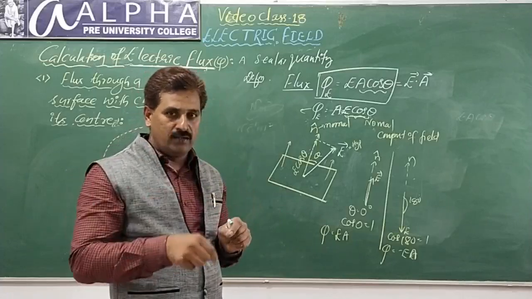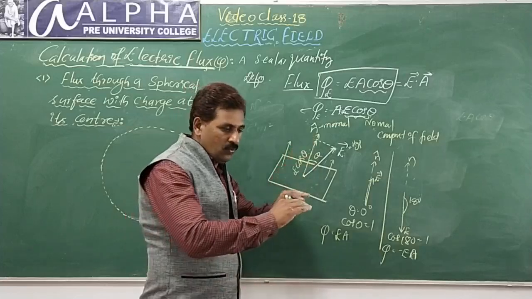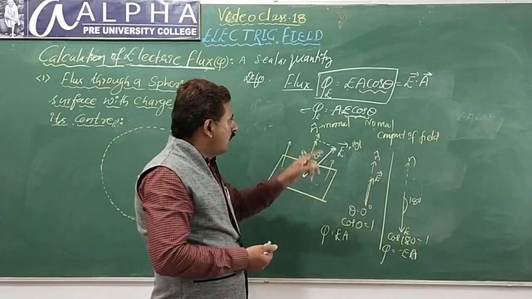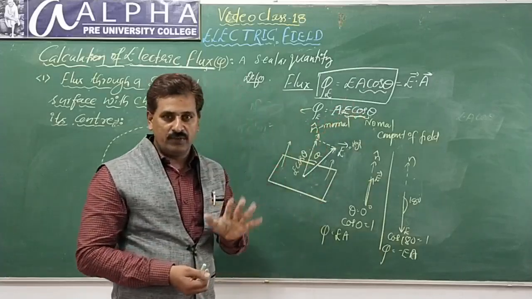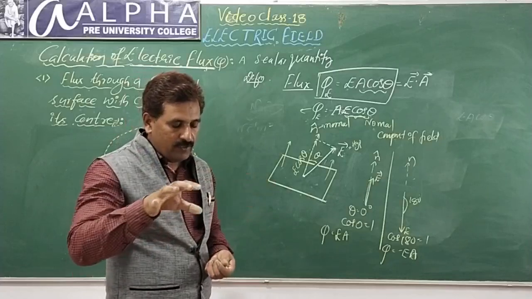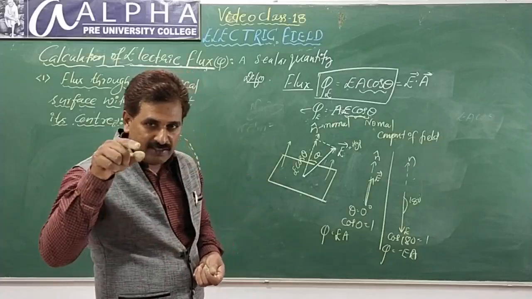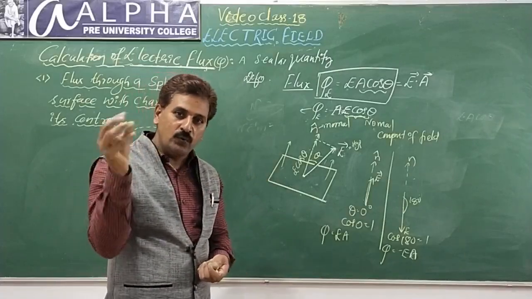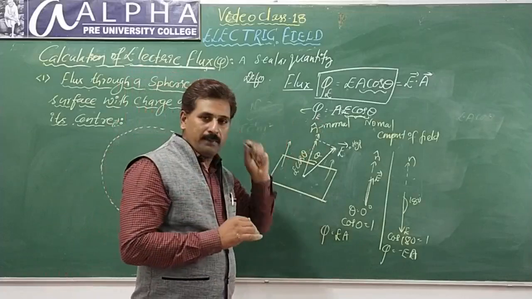Along the normal. The normal component of the electric field over the entire area is called flux. It is given by A into E into cos theta. This is what you have to remember. Whenever I use the word flux, electric field over an area, what is it? The electric field value along the normal, E cos theta, into the value of the area you consider. Which area you consider, that you have to multiply.